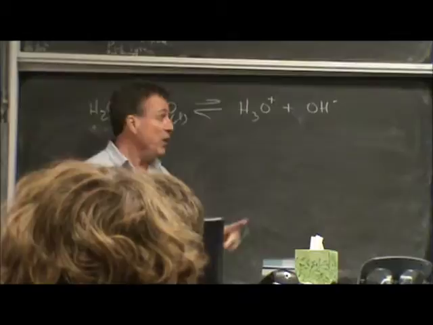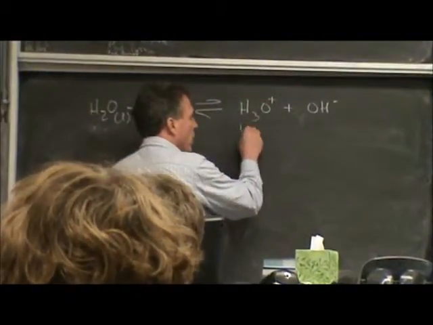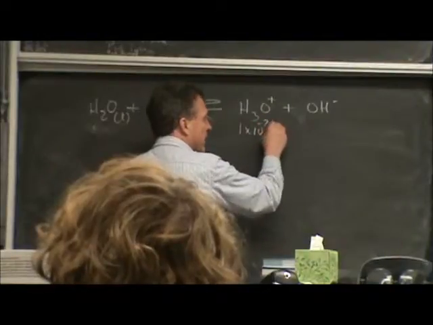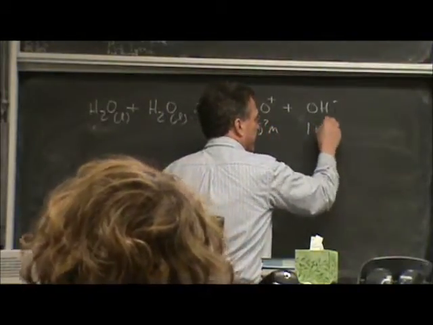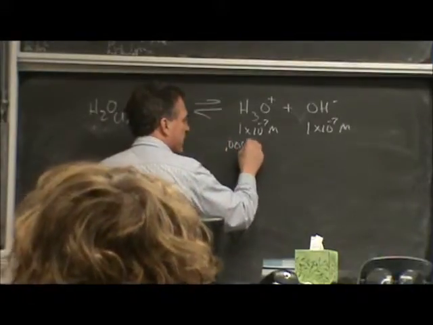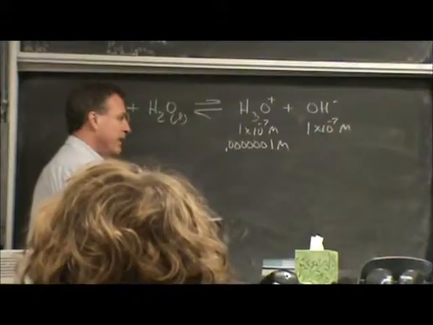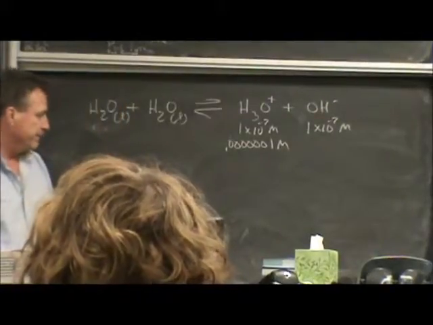So in pure water, we expect these concentrations to be equal, and they are each 1 times 10 to the negative 7 moles per liter. That is 0.0000001 molar, a very small molarity.